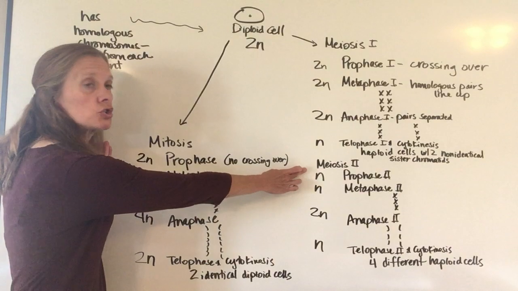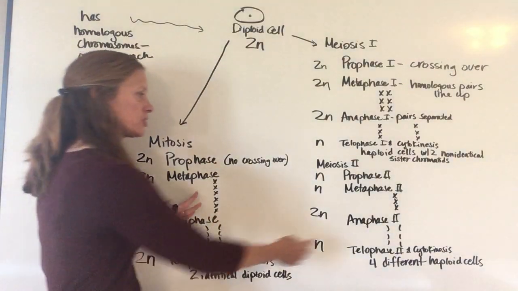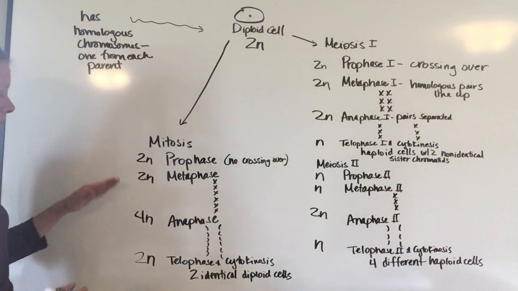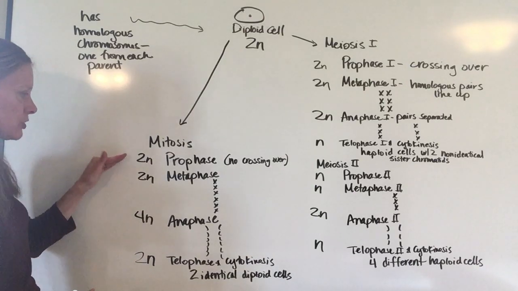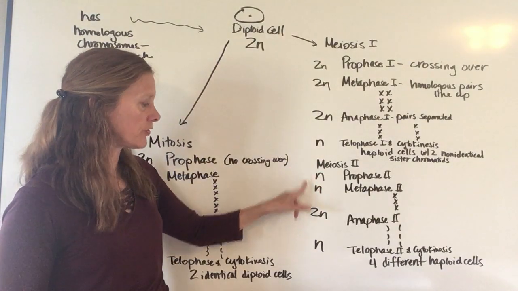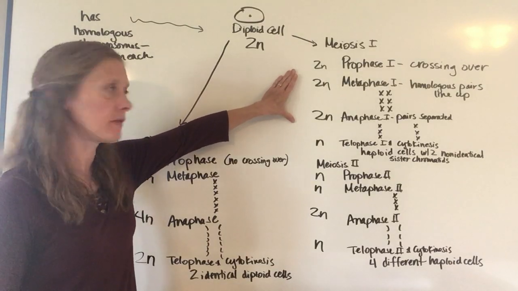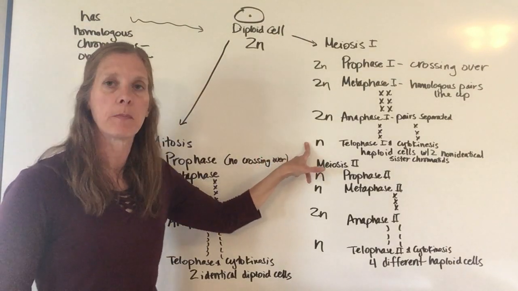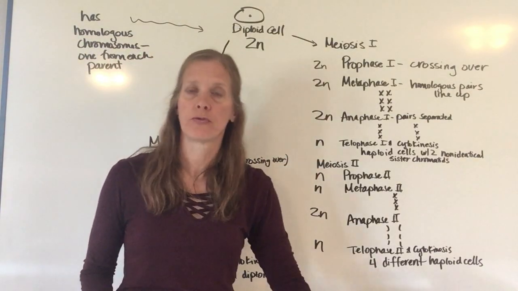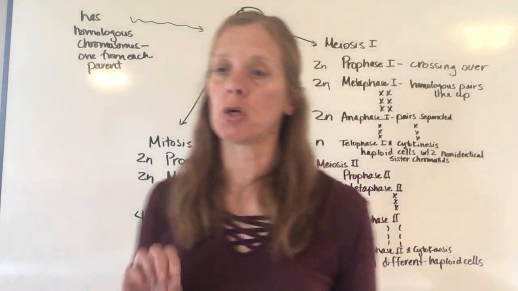Mitosis and meiosis 2 are very, very similar to each other as far as how the chromosomes line up and how they divide and what ends up happening, because here in mitosis, I started with 2N cells and I ended up with 2N cells. In meiosis 2, I started with Ns and I ended up with Ns. But in meiosis 1, this is the place where that N number gets divided in half by the end of the process. Okay, so meiosis 1, then meiosis 2, 4 haploid cells, and then mitosis ends up with 2 identical diploid cells.